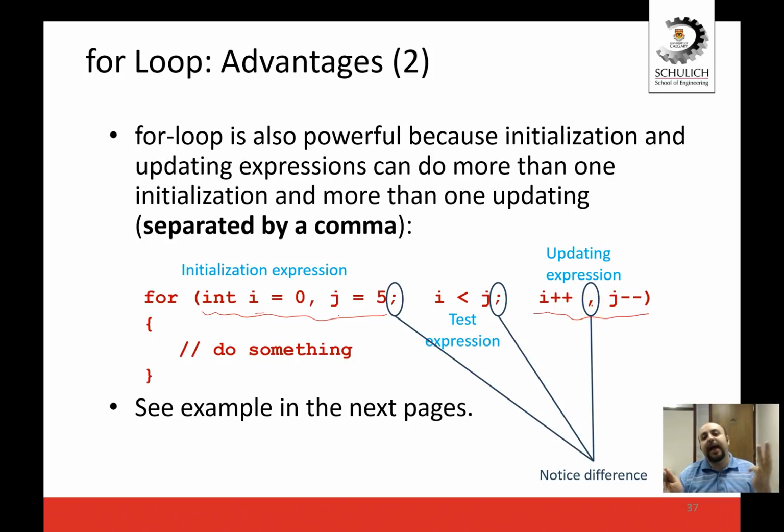So you have three categories: initialization, test or check expression, and then updates. If you have more than one of each kind, they are going to be separated by commas. They are separated from each other by semicolons.